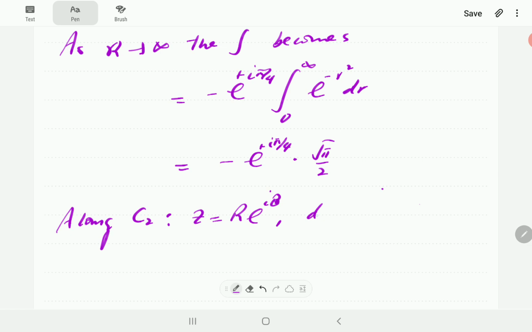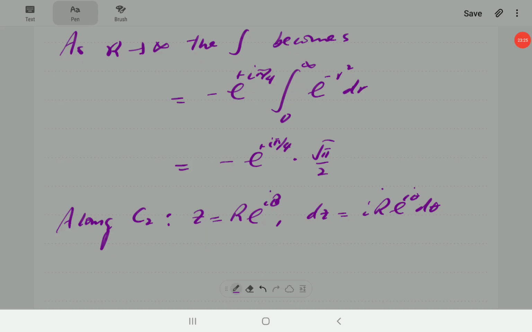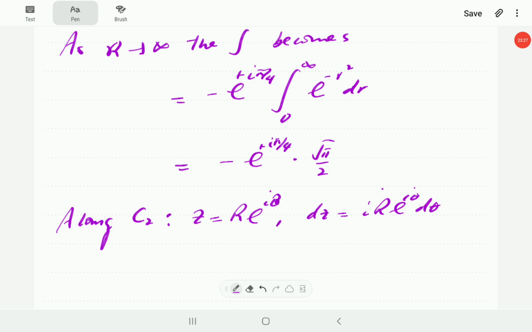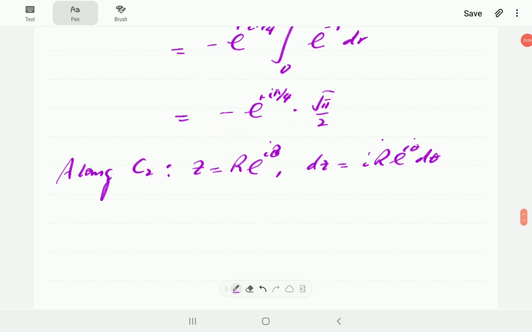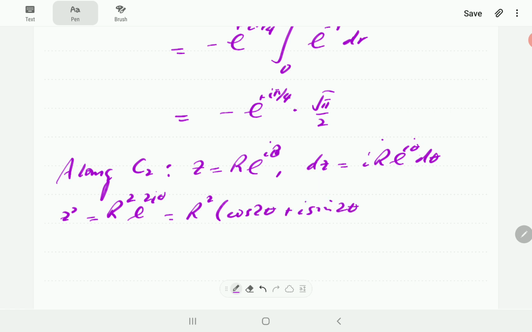So dz is going to be i R e to the i theta d theta, because the variable there is theta, and so z squared is going to be R squared e to the 2i theta. So this is going to be i squared times cosine 2 theta plus i sine 2 theta.